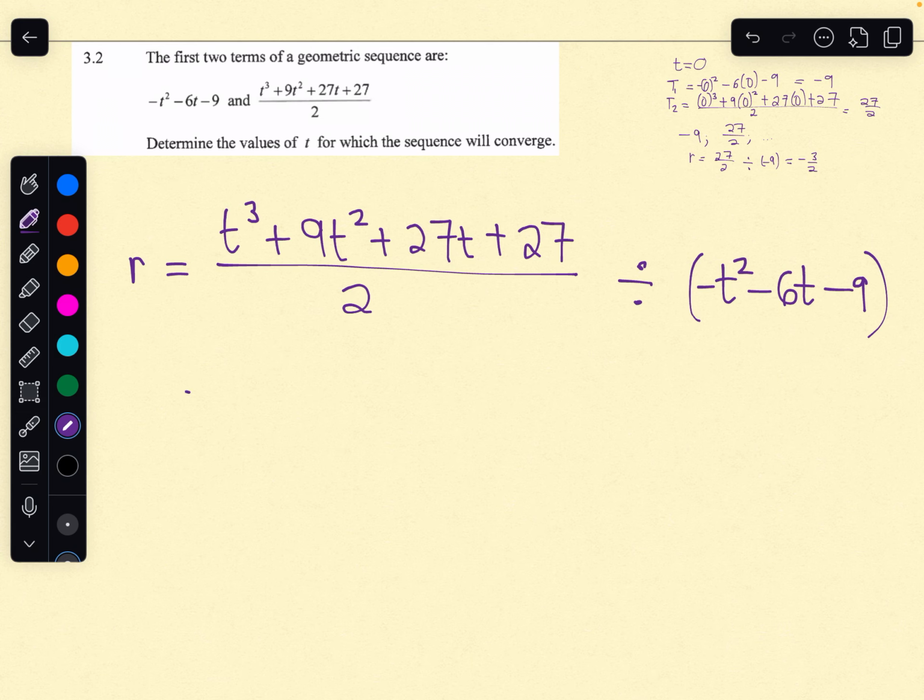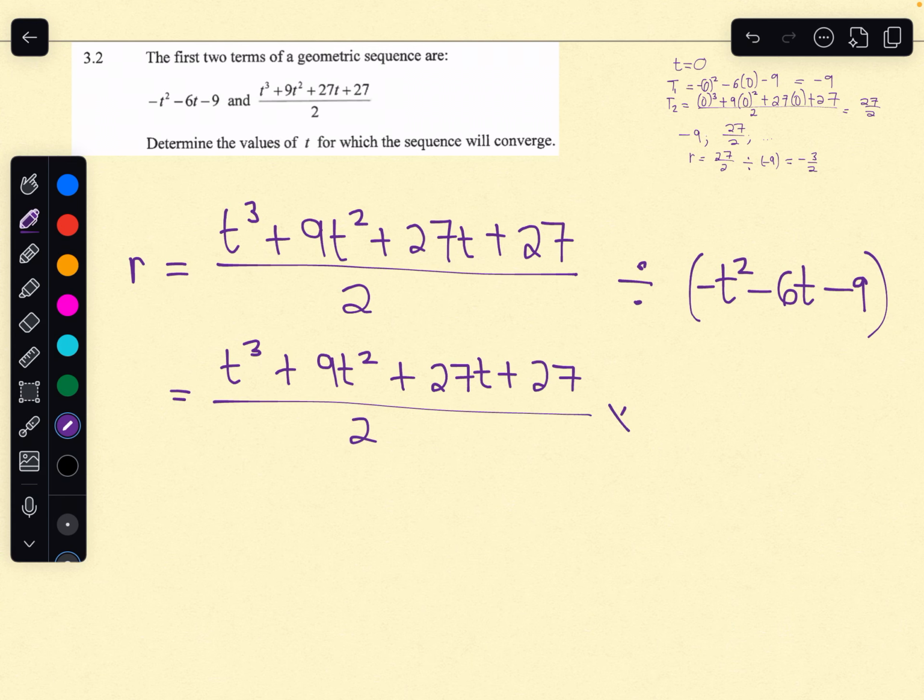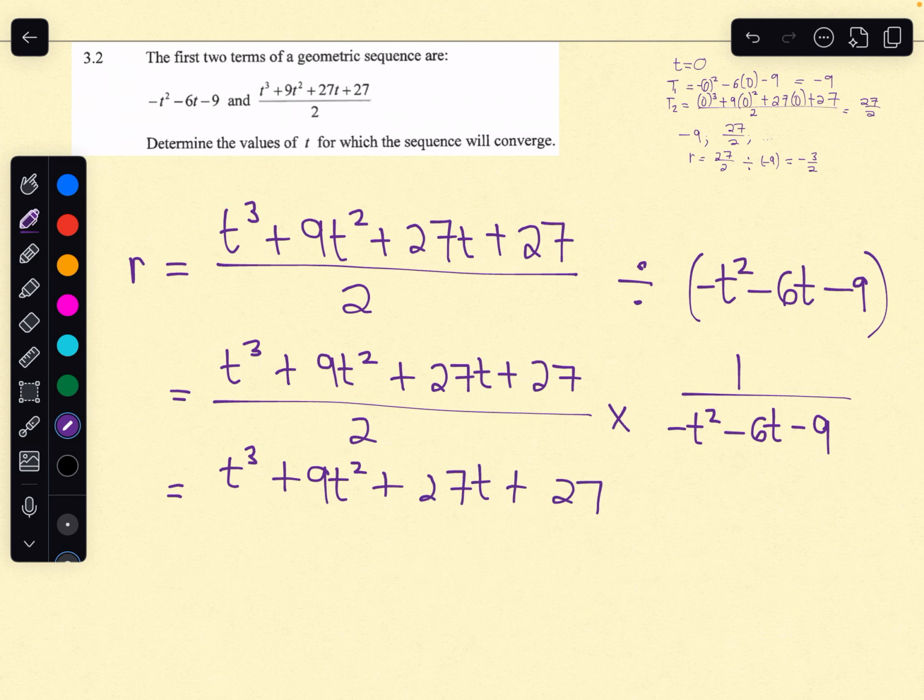Right, so that is the same as (t cubed plus 9t squared plus 27t plus 27) over 2 times 1 over that, which is the same as (t cubed plus 9t squared plus 27t plus 27) over 2 times negative t squared minus 6t minus 9.